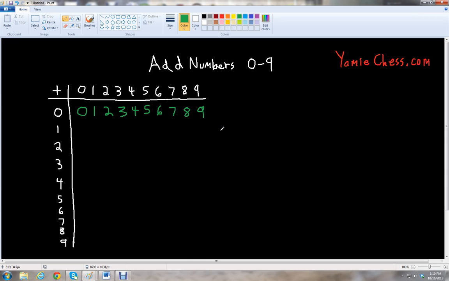So when you add any number to 0, you get itself, even including 0.